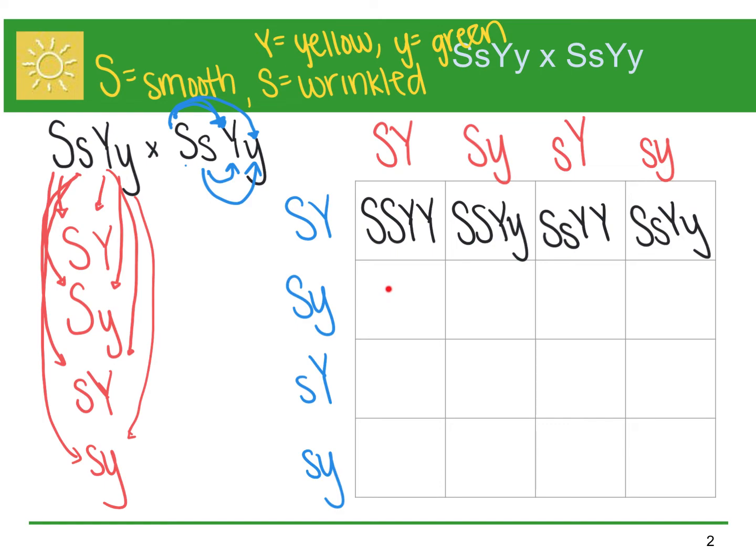Are you ready to jump down to the second row? Second row, I'm going to combine capital S, capital S, capital Y, lowercase y. Then for this box, capital S, lowercase s, capital Y, lowercase y.